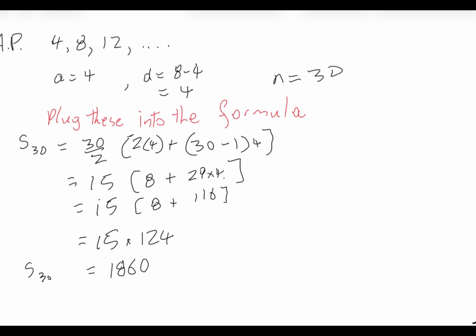We have S sub 30 is equal to 30 over 2, (2 times 4, plus (30 minus 1) times 4).